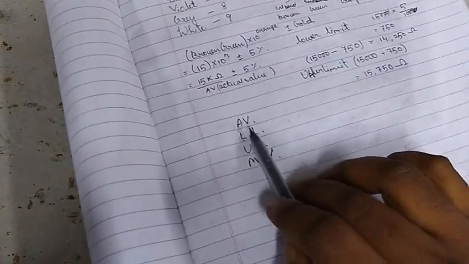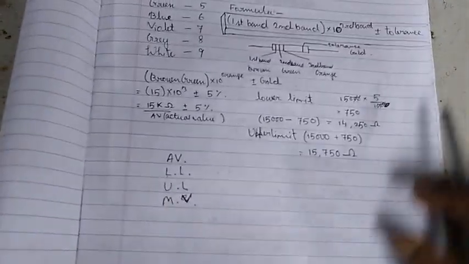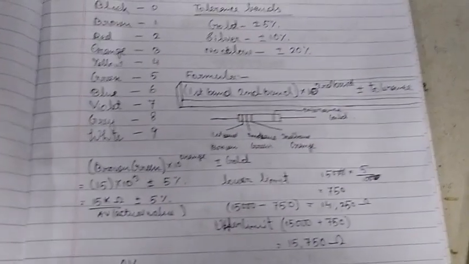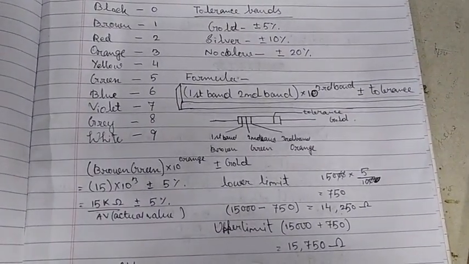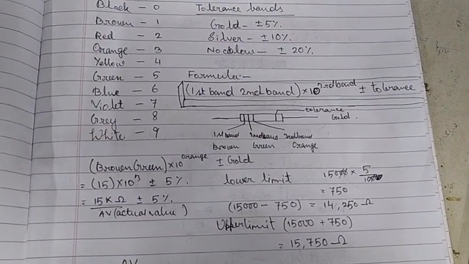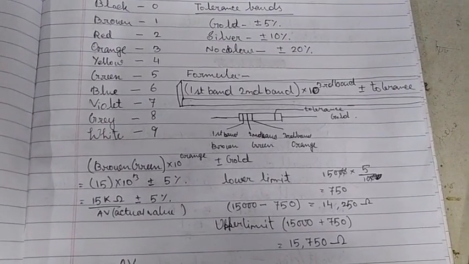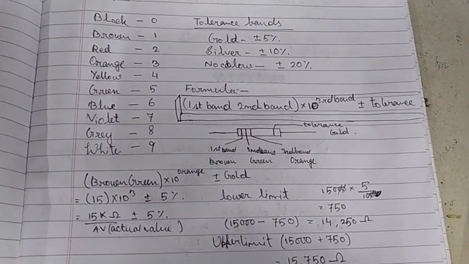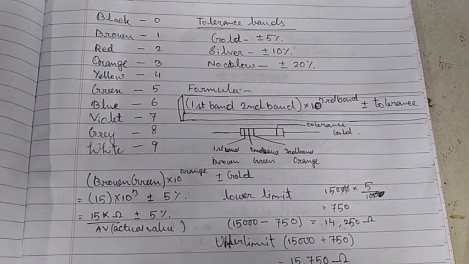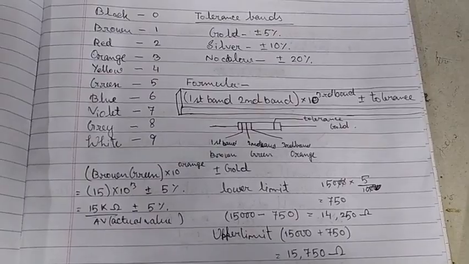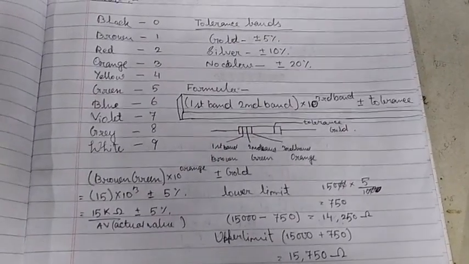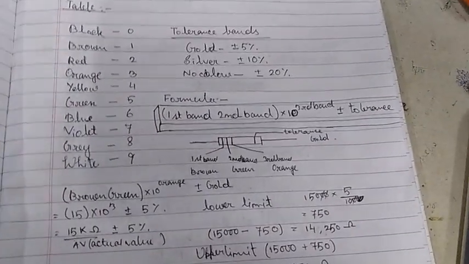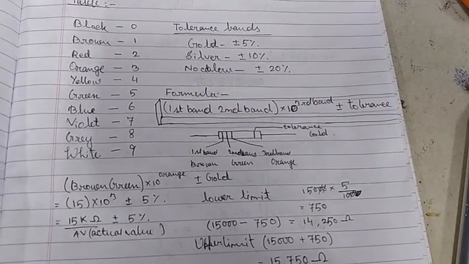So actual value is that when we calculate the value of a resistor excluding the tolerance band, that means if we leave the tolerance band and calculate the other three color bands only, we will get the actual value. That is, we used to say 1 kilo ohm or 10 kilo ohm, that is the actual value.